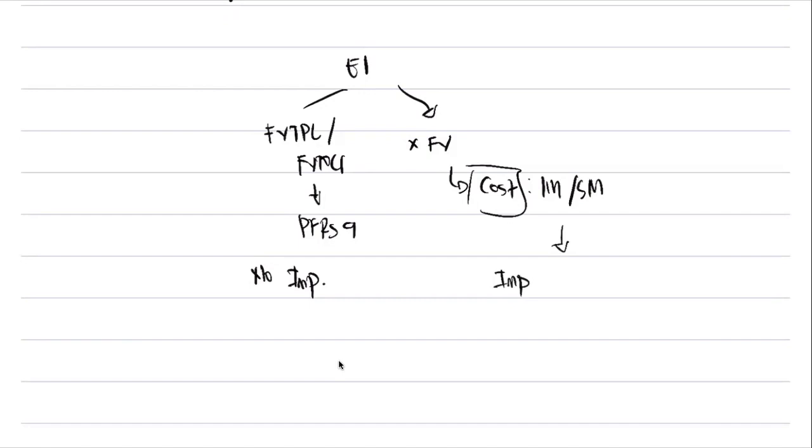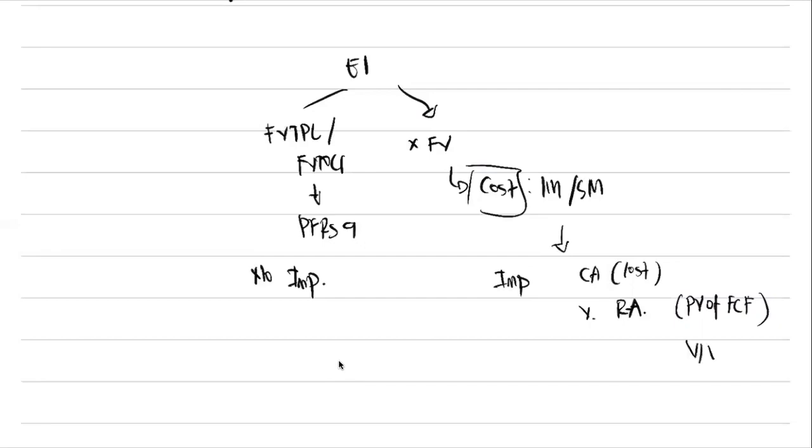Your impairment should be computed as the carrying amount or the cost versus the recoverable amount. So what is the recoverable amount here? The recoverable amount here should be the present value of your future cash flows. We compare it as to your carrying amount.